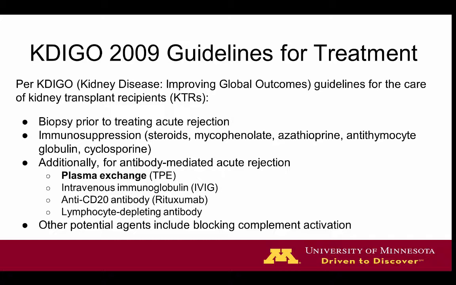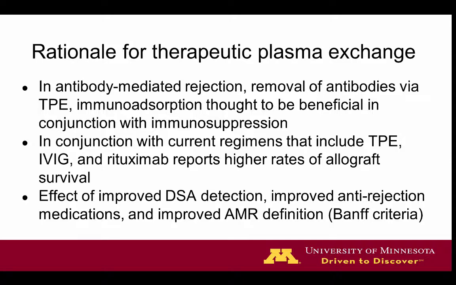But studies seem to show that it does seem to be of some benefit, so it is still a recommendation. And with all the new drugs involved in complement, such as eculizumab, the idea is that potentially it could be used to prevent damage to the kidney by preventing activation of the complement pathway.